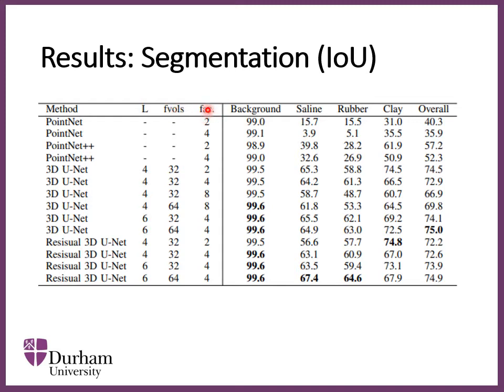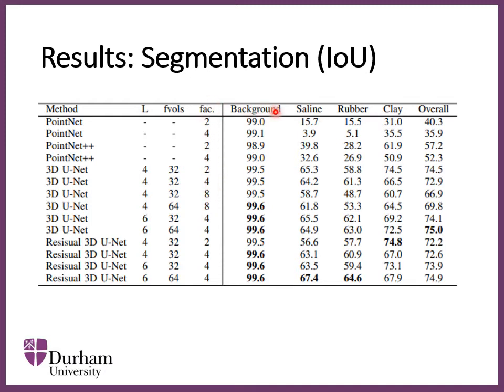This is actually the downsampling factor. We apply a pre-processing of downsampling the original CT volumes so that they can fit into the GPU memory we have at hand. So the downsampling factors we use include 2, 4, and 8.